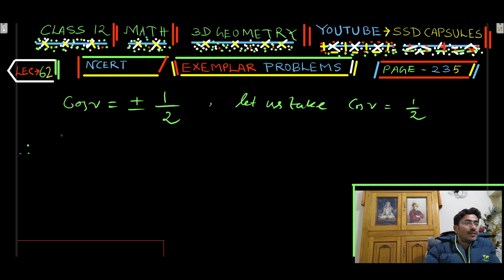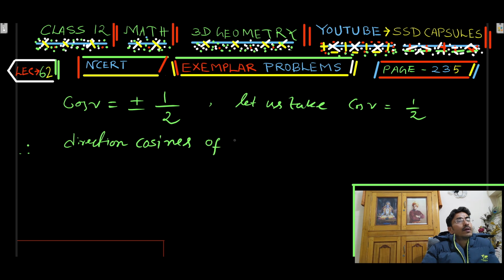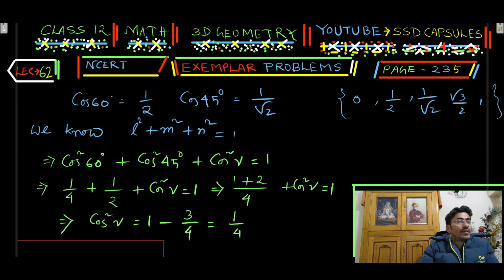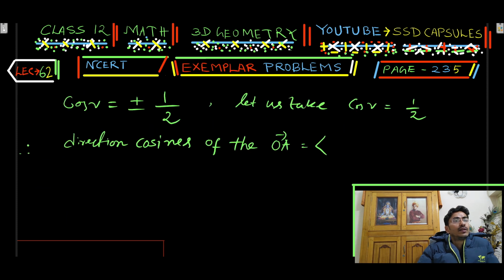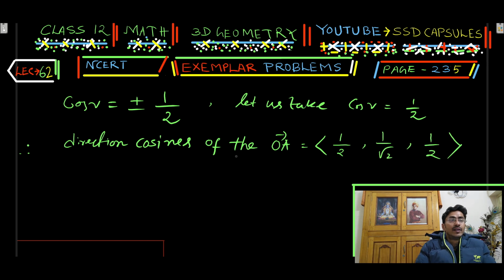Therefore, direction cosines of the vector are cos 60, cos 45 degree, cos gamma, so half, 1 by root 2, half.